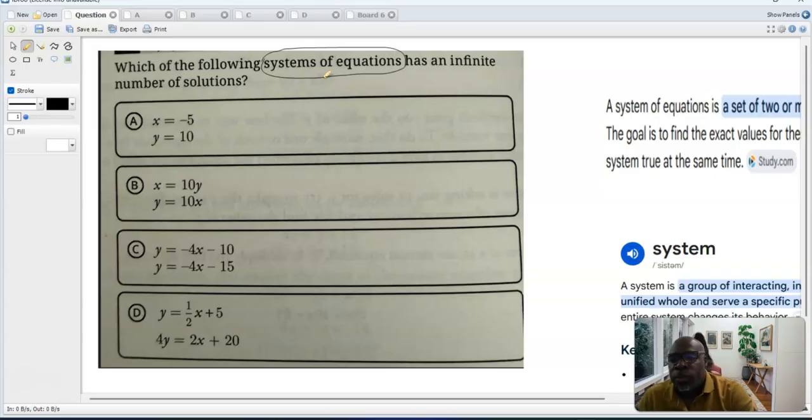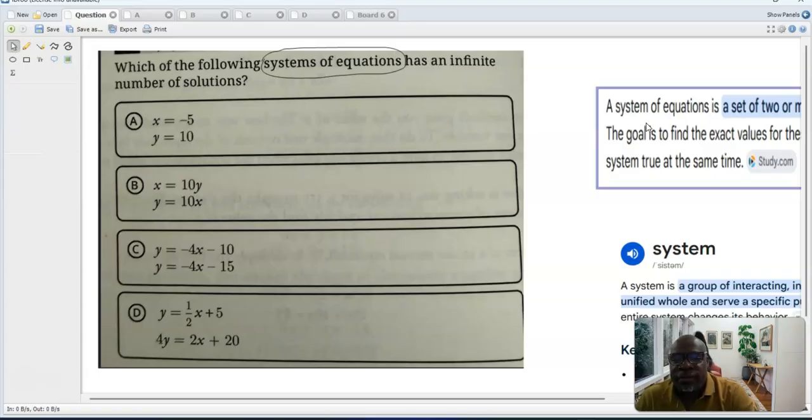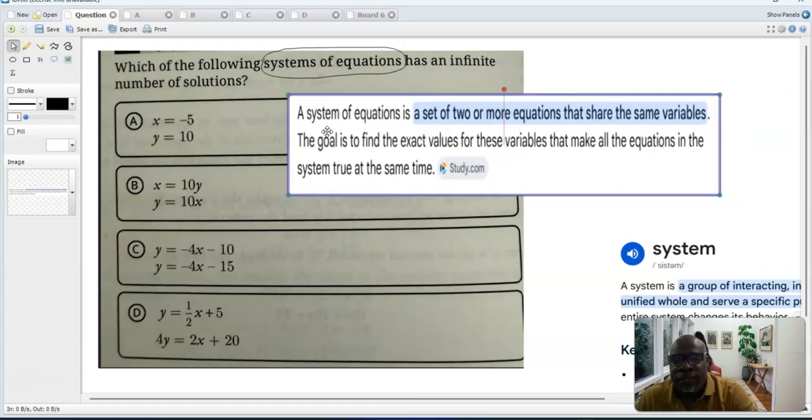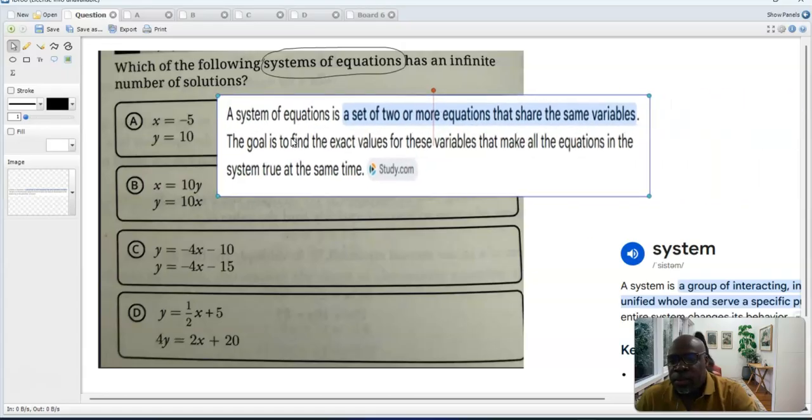So let's now look at the definition for systems of equations. Here's the definition. You can pause the video and read for yourself. Now, it says a system of equations is a set of two or more equations.